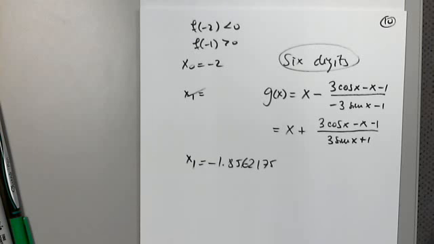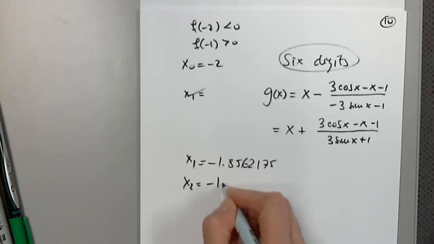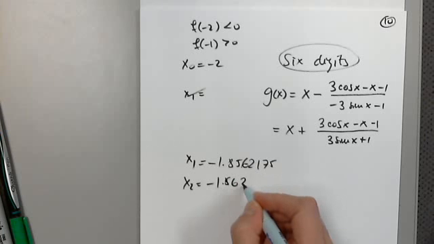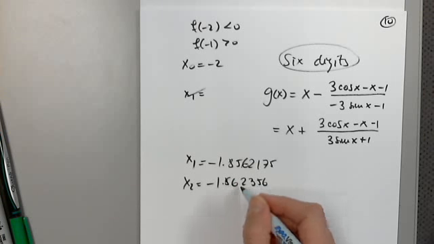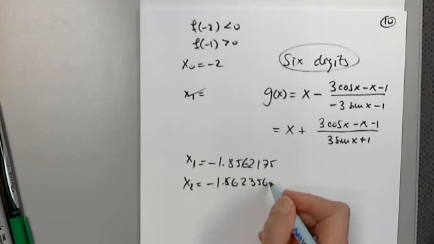Then, with second and entry, I override -2 and ask for the previous answer to be inserted. I click enter, and I get x2, which is -1.862356.